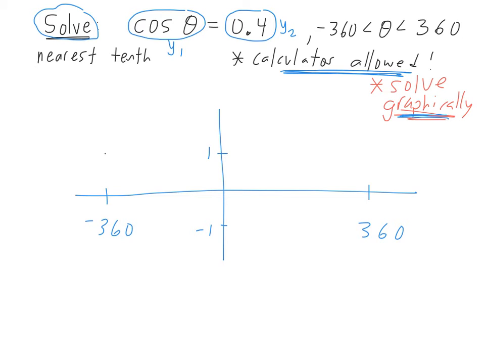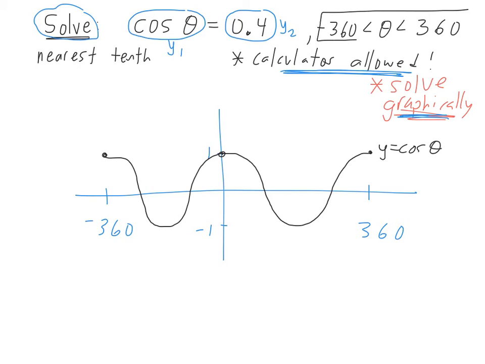If you were to use the calculator to sketch this out, what you would see is your basic cosine curve. This is just y equals the cosine of theta. Make sure that since we are doing this in degrees, your calculator is in degree mode. If you are graphing in radians, then make sure it's in radian mode.